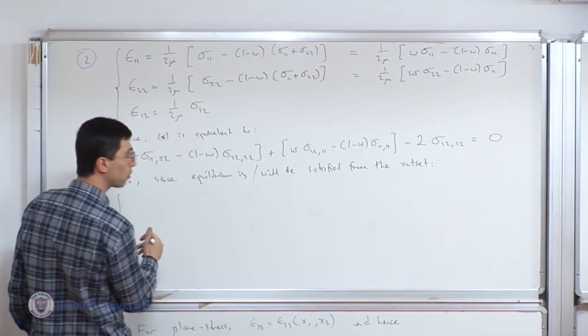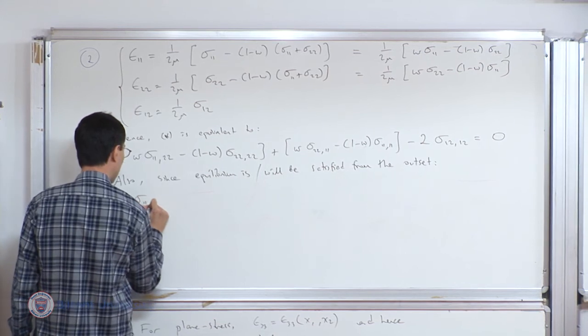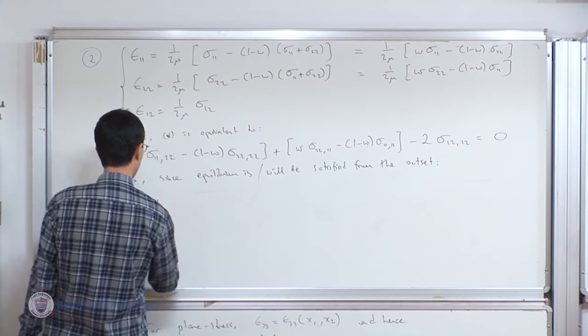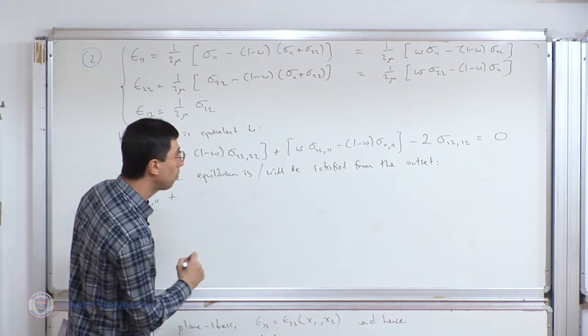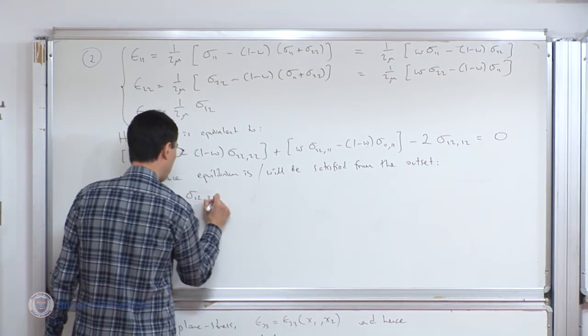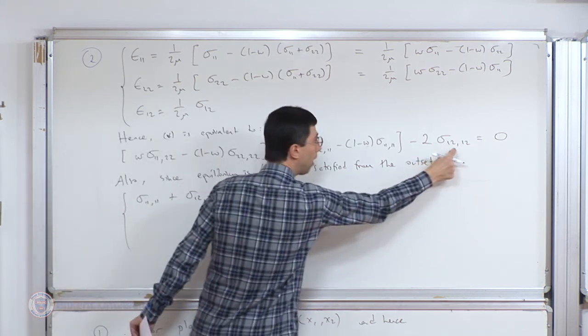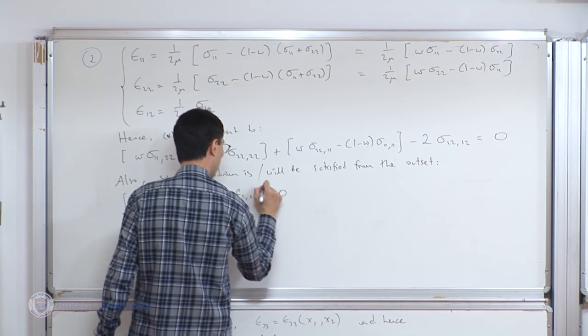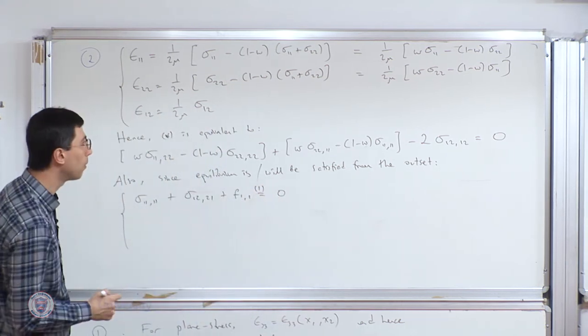So for the first one, the way to do that is take another derivative with respect to 1. So in that case, I get sigma 1, 1, comma 1, 1 plus sigma 1, 2, comma 2, 1, right? Now I have that term, plus f1, comma 1 is equal to 0 from the first equation. It has to be that way.